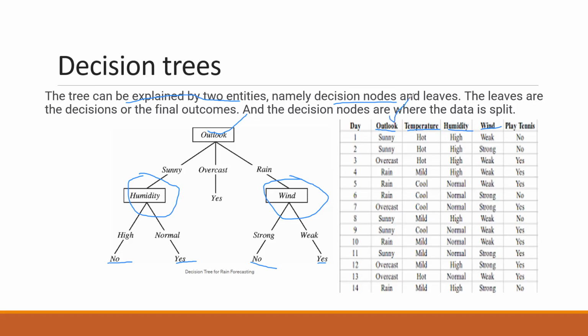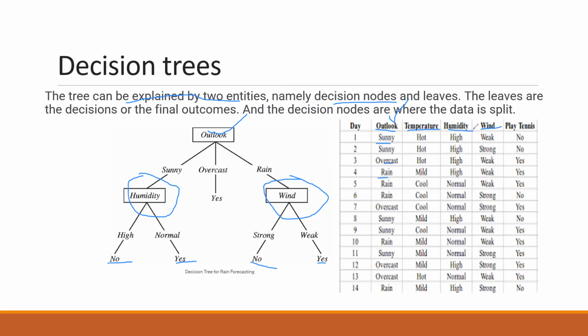Let us assume Outlook is the root node. Here we have different values like sunny, overcast, and rain.